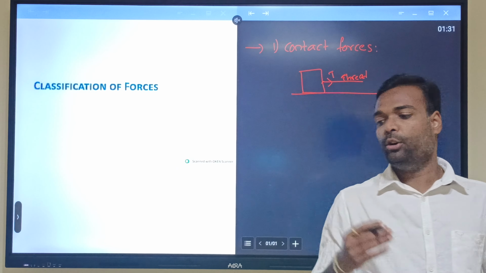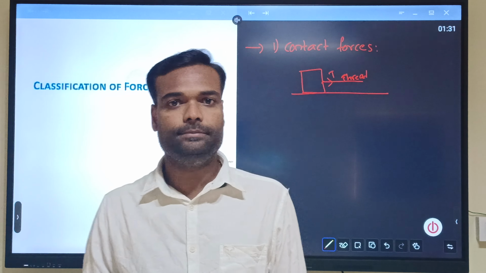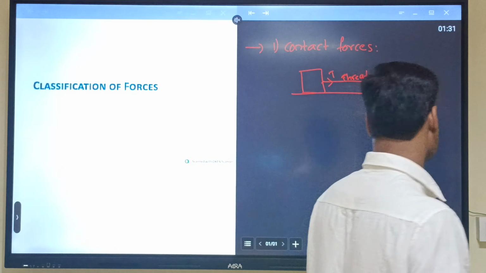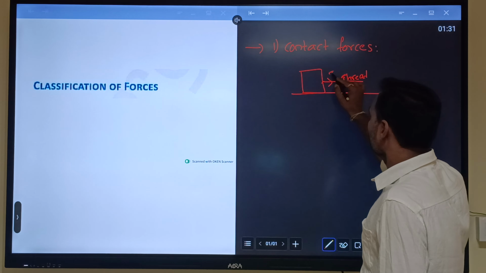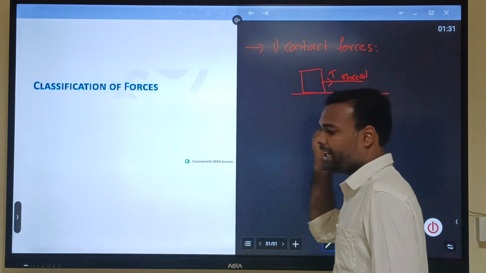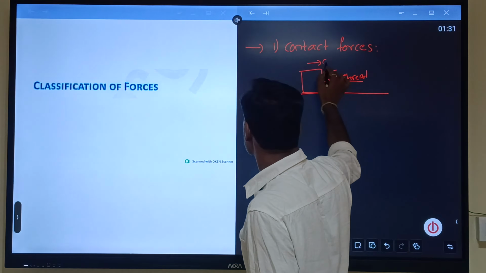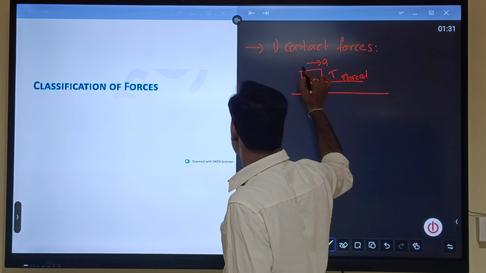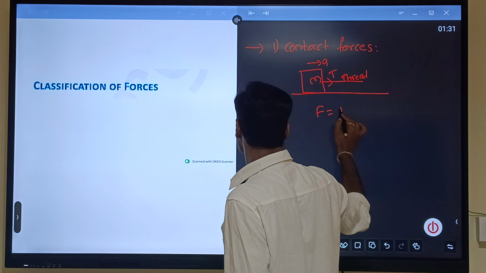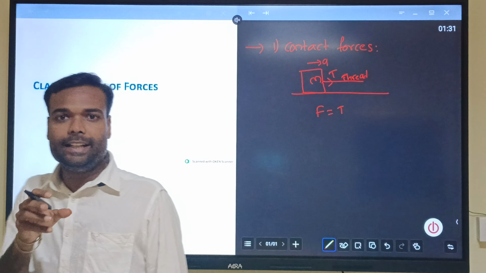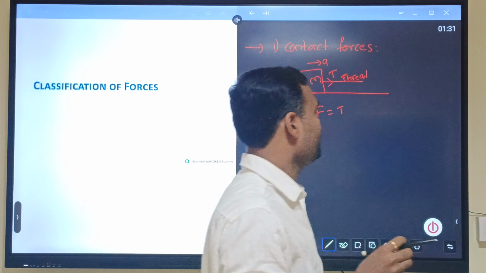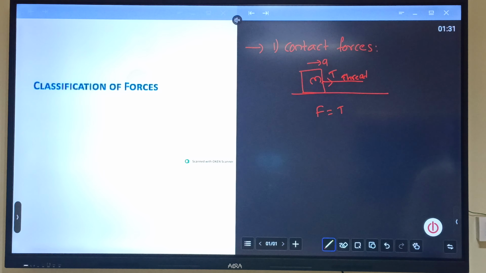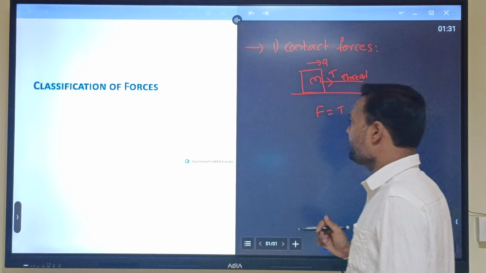Tension is the amount of force present in the thread or rope, right? That tension is pulling the block towards the rightward direction with an acceleration a. That means over the block there is a force F which is equal to the tension, and there is contact between the block and the thread.